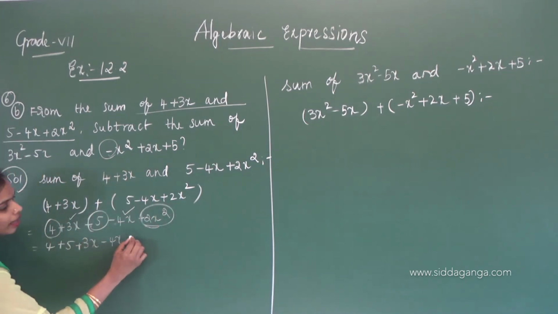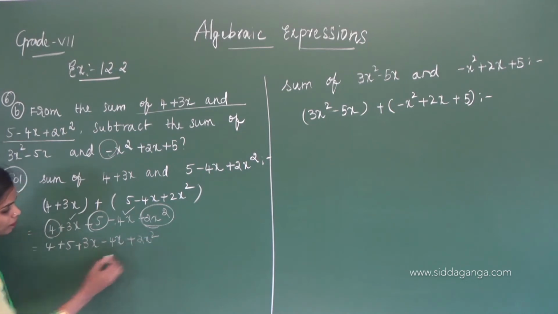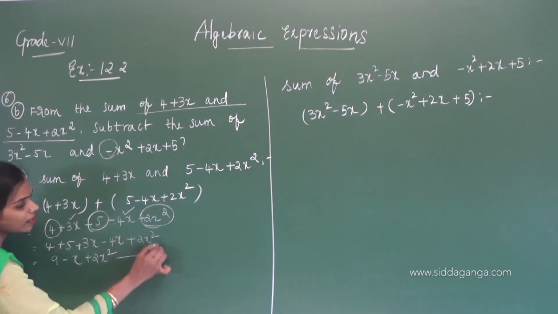Only one x square term is here. 4 plus 5 is 9, 3 minus 4 is minus 1, so I write minus x plus 2x square. I am considering this as the first expression, 2x square.